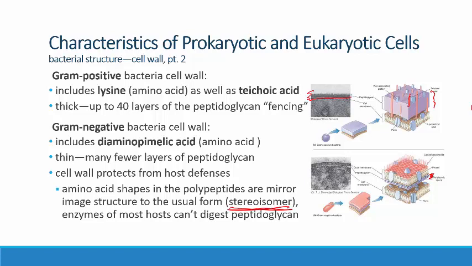An isomer of a molecule has exactly the same atoms involved in the molecule, but they're put together in a different way. That's an isomer. And when it's a stereoisomer, that's when you see these mirror images. And so the cell wall is super protective from the host defenses, because most hosts can't digest the peptidoglycan in cell walls.